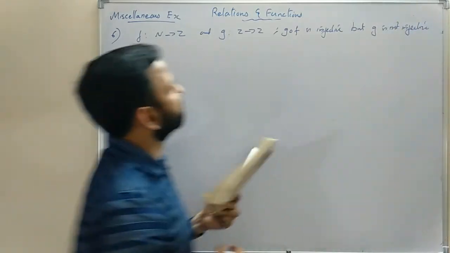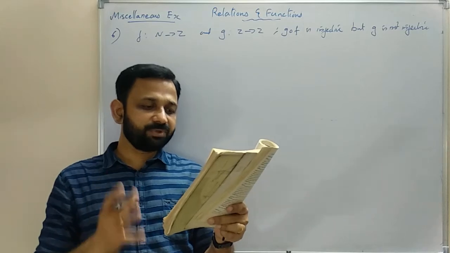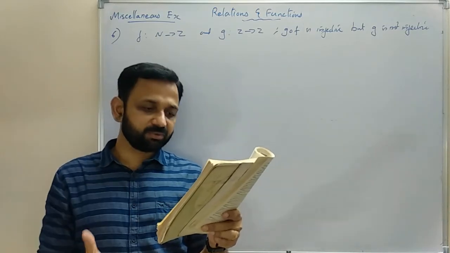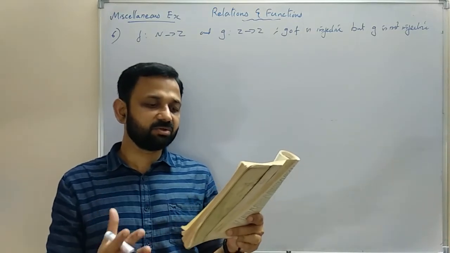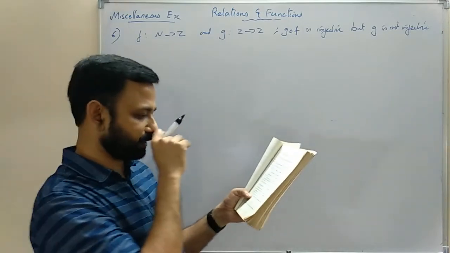So that is our question. We need to give an example of two functions f from N to Z and g from Z to Z, such that g composition f is injective but g is not injective.